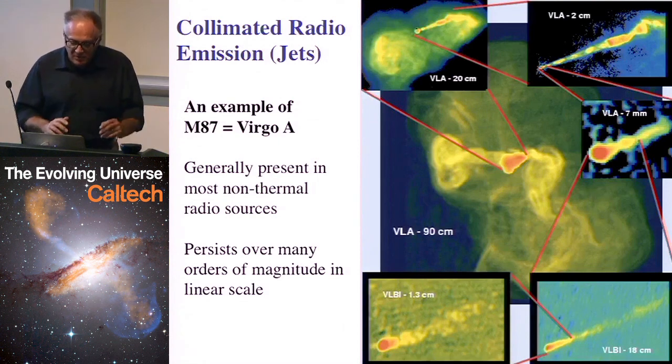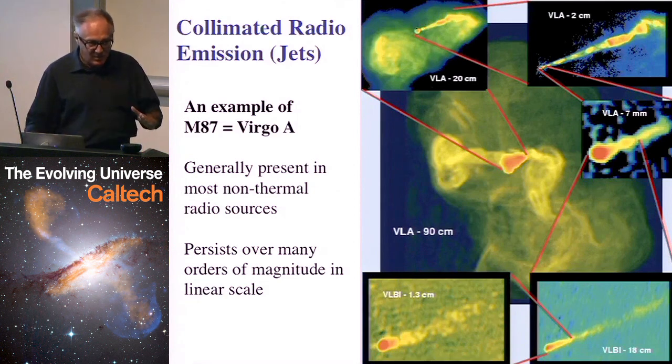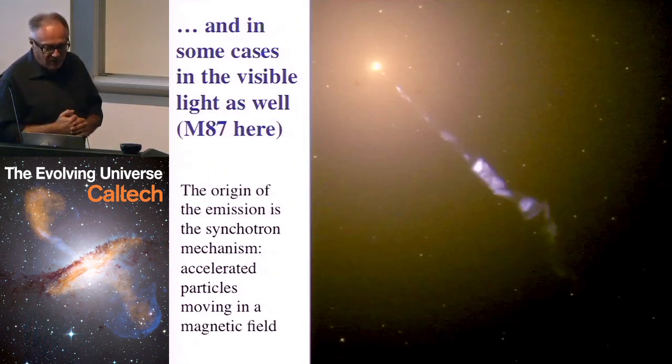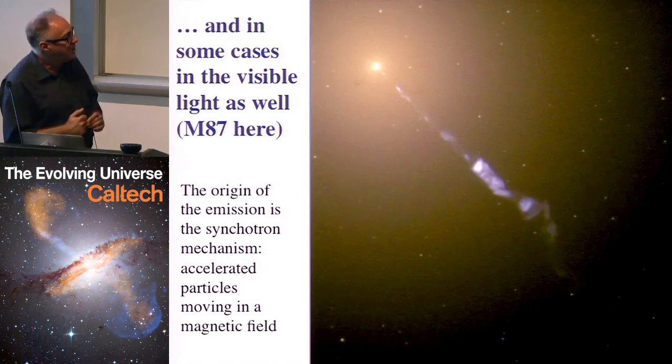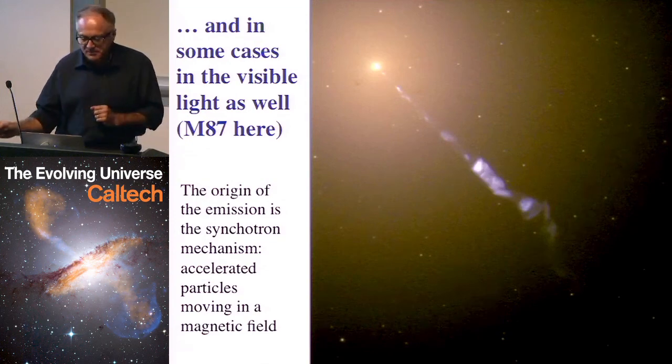So radio jets are very common. The reason they're so persistent is that particles are moving at almost the speed of light, so they will carry on their linear momentum, right? And in the case of M87 and some others, they also shine in visible light and X-rays as well. They're not uniform, they're little blobs, and we can actually see them move with observations spaced in time.